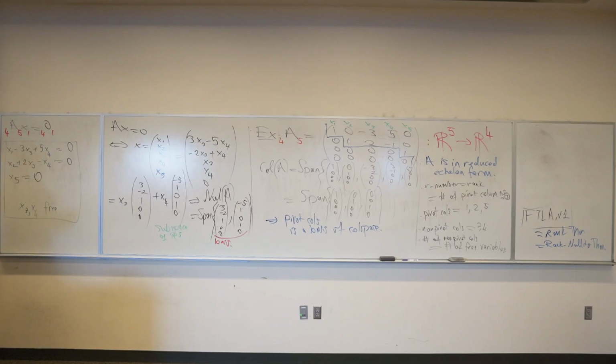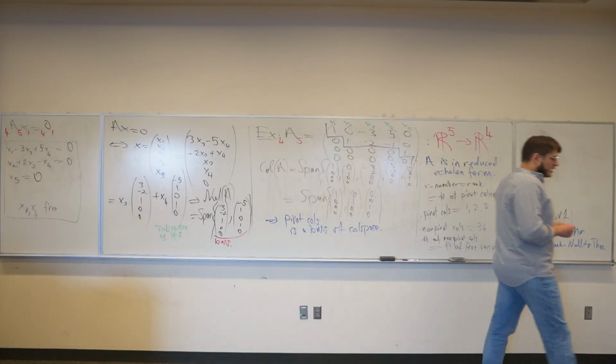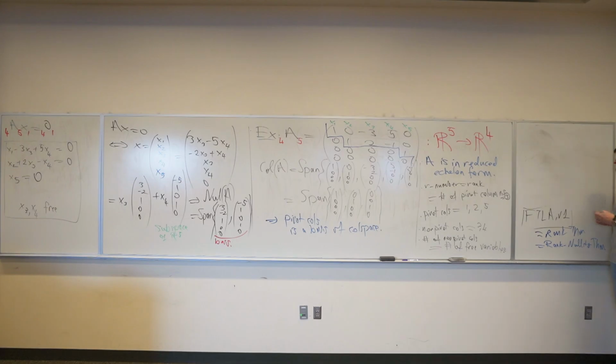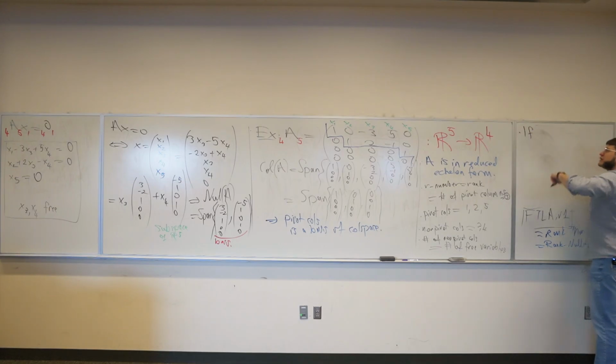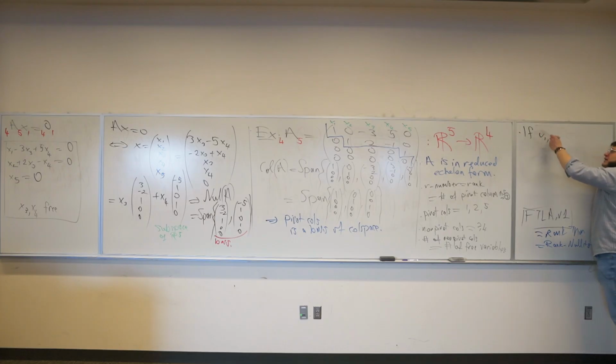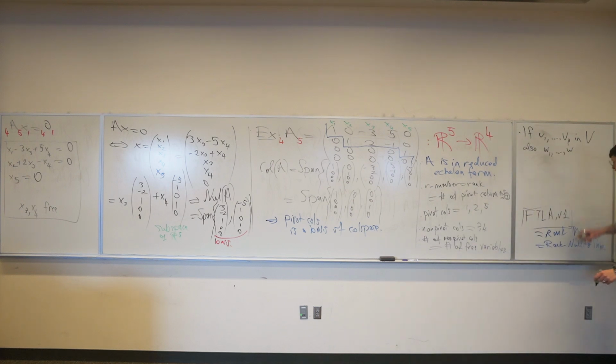It turns out that, forget about column space, null space, any vector space, at least for our purposes. If I were to take, let's say, v1 through vp in V, and also w1 through wq, where q is possibly a different number than p.